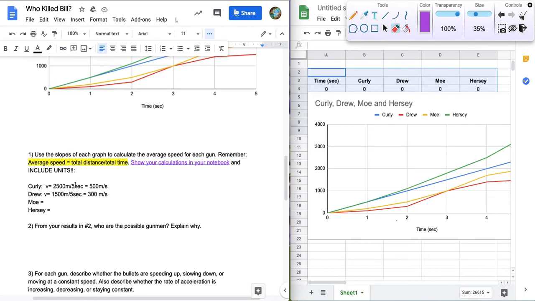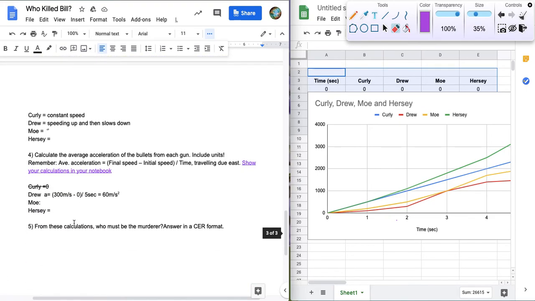Whichever velocity you found over here, that's going to be your final velocity to put right here. So you're going to have acceleration equals the final velocity that you find up there minus 0 still, because they all started with a speed of 0, and divided by 5. Okay, and you'll do the same thing for Hersey.